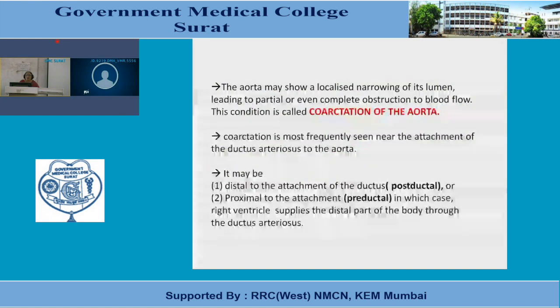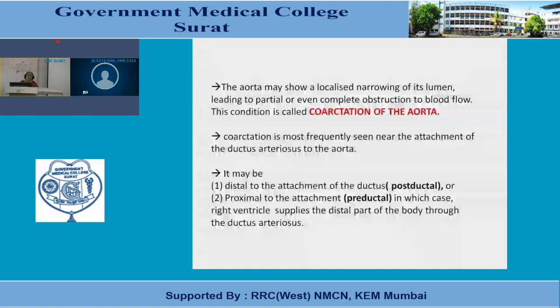Now, the aorta may show a localized narrowing of the lumen, leading to partial or even complete obstruction to blood flow, and this condition is called the coarctation of the aorta. I told you about the Fallot's tetralogy, the embryological anomaly of the pharyngeal arch. That is the most important theory short note, the applied aspect.